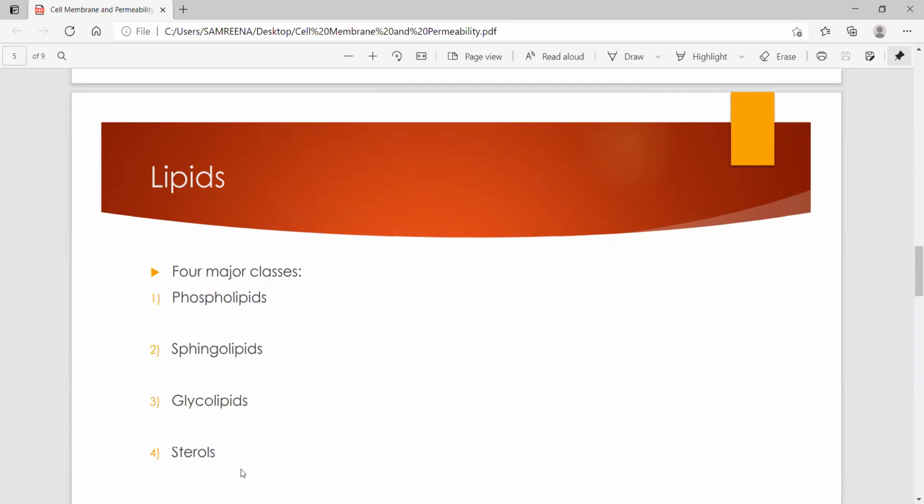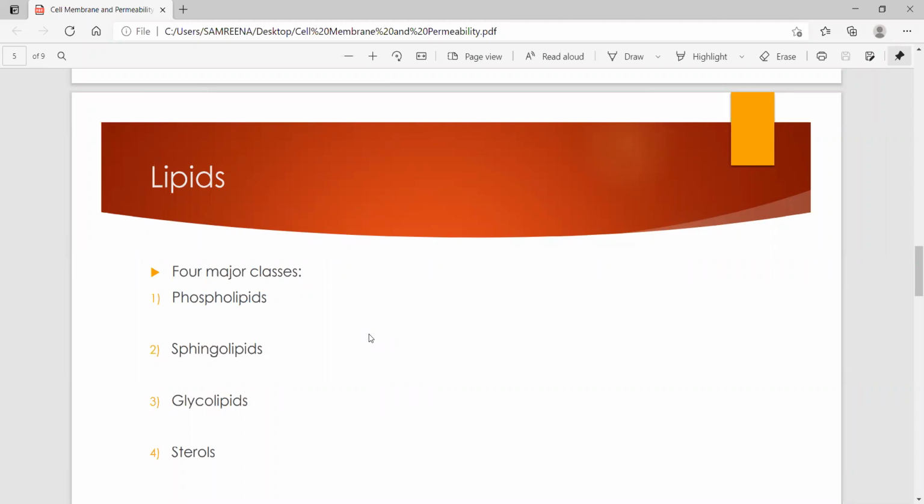Sterols की best example है हमारी cholesterol की. We will discuss this cholesterol molecule also. It has an important role in permeability. जो ये हमारे phospholipids हैं, it's a major chunk, मतलब maximum portion lipids का plasma membrane का वो हमारा phospholipids है. जो ये phospholipids हैं, ये या तो acidic होंगे या neutral होंगे.